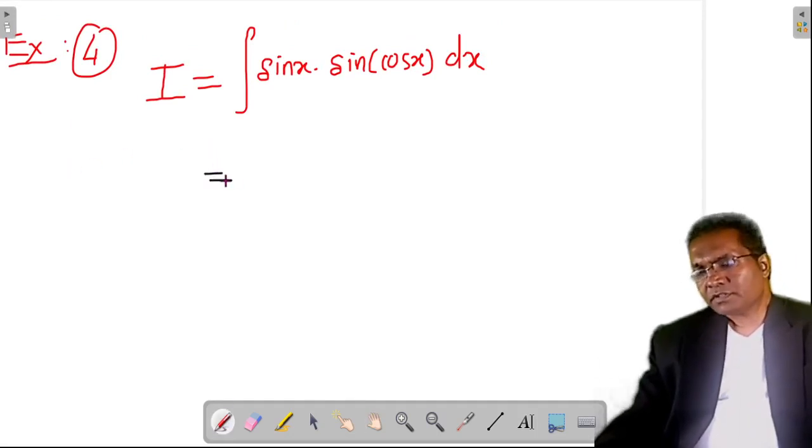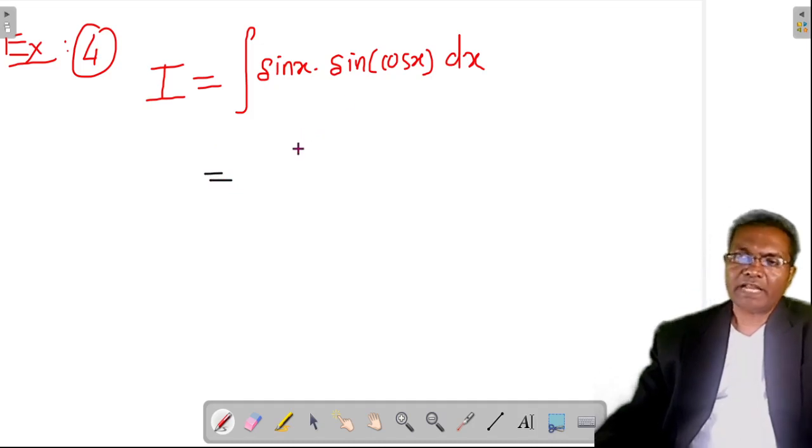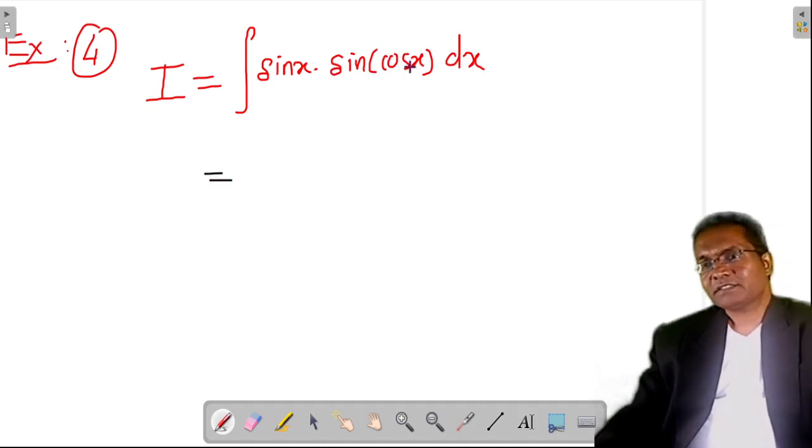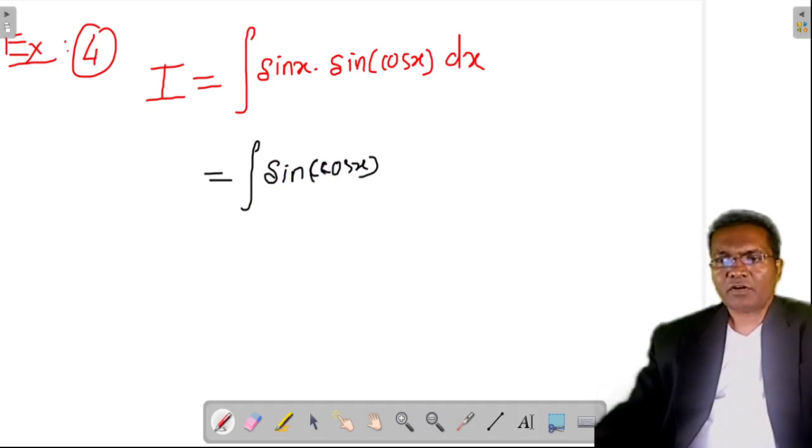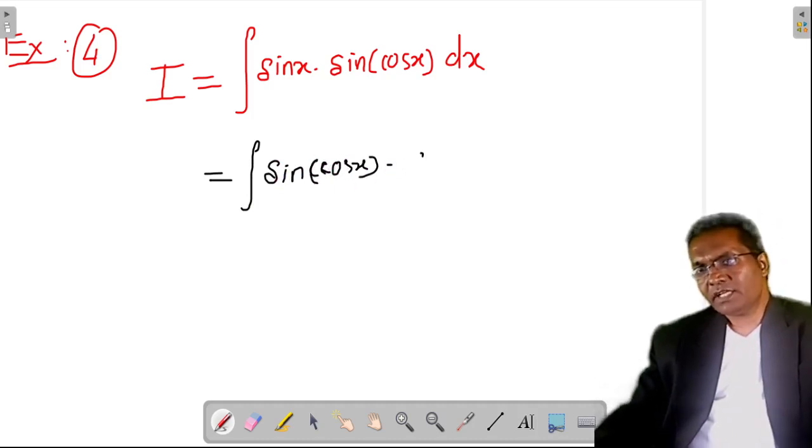So what about this? Got any idea? Now see here, derivative of cos x, we know it is minus sin x, so sin x is out here. Okay, so I can write it like this. I'll make some rearrangement: sine of cos x, sine is a function of cos x, into sin x dx.